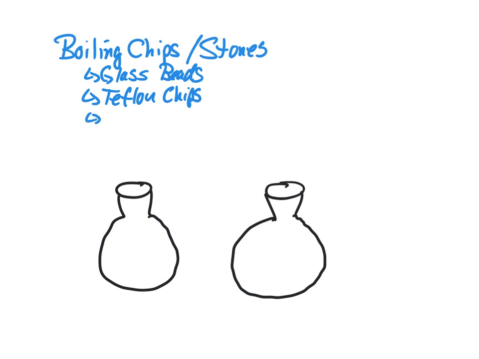And we have some that are actual stones. They're, I think, calcium carbonate type material. They're all there in the laboratory. But what these do is they go in the bottom of your flask, with your liquid above it.